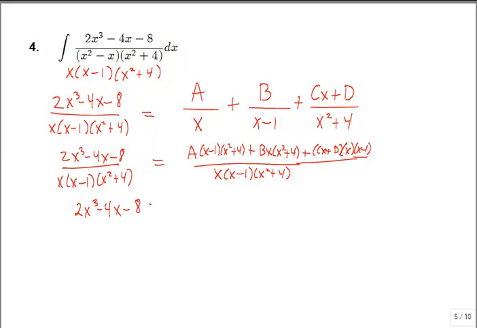This one's going to be a messy one because we've got 4 different variables to solve for. So the more you have, the more arithmetic it's going to take.